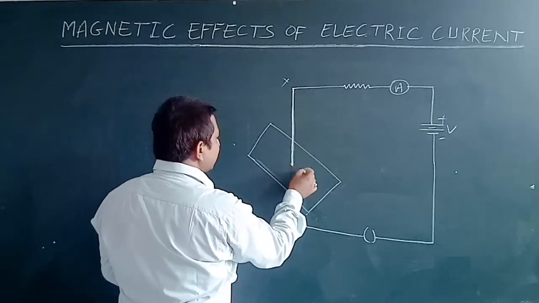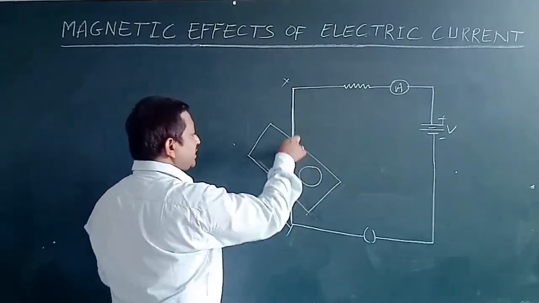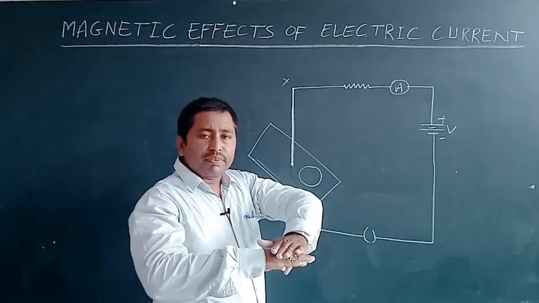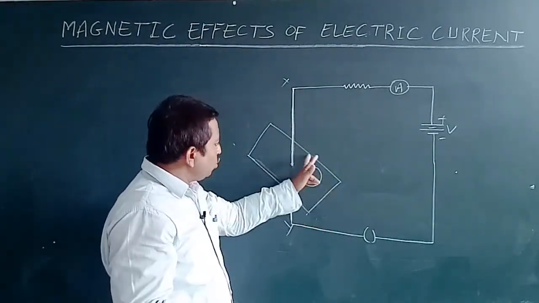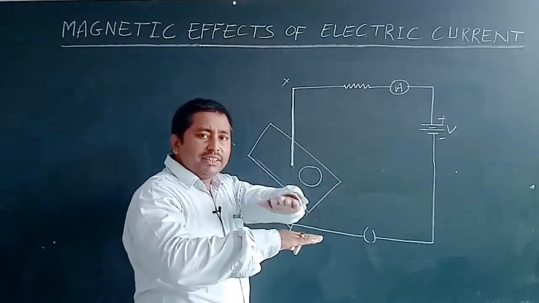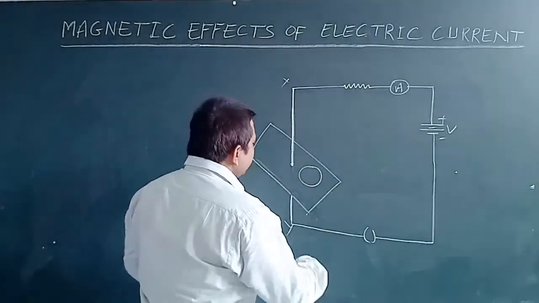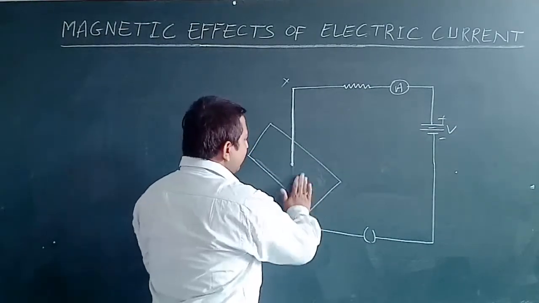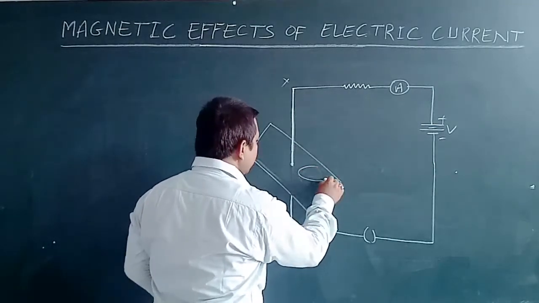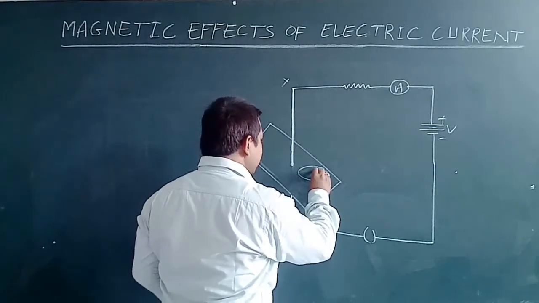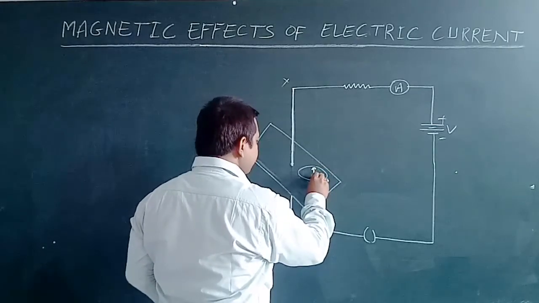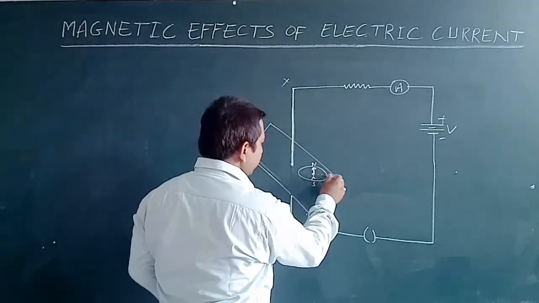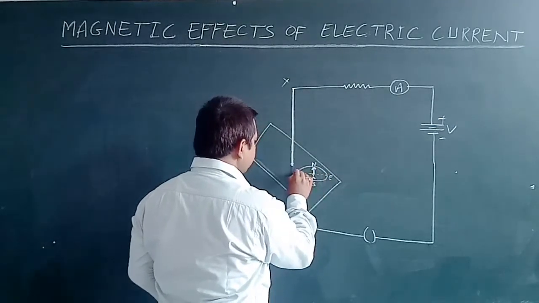So let us place a magnetic needle on the cardboard beside the current carrying conductor, like this, with the directions indicated: this is north and this is south, here is east and here is west.